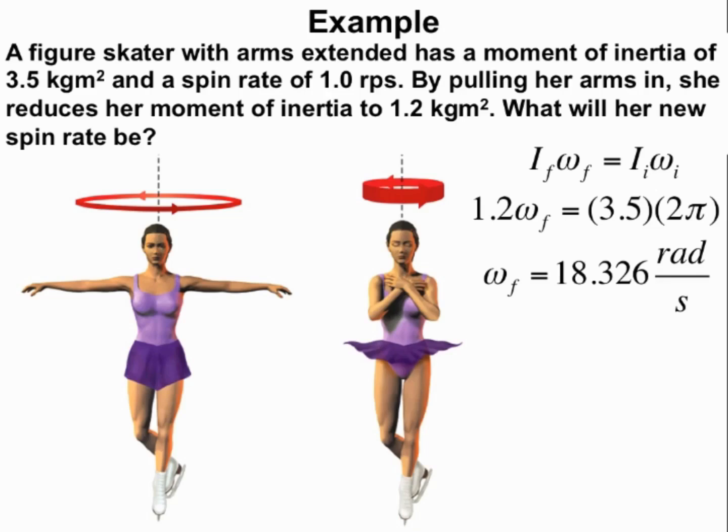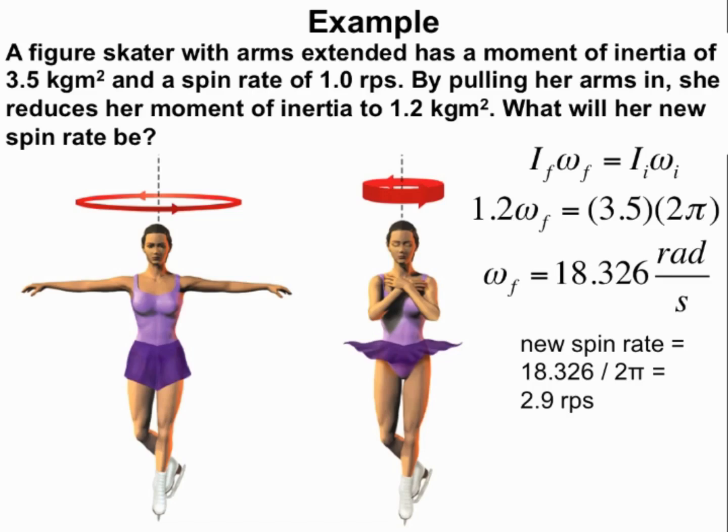So omega F equals 18.326 radians per second. Since we've been asked to tell what the new spin rate is, then we have to convert that radians per second into revolutions per second. And we have the new spin rate equals 18.326 divided by 2 pi, since there are 2 pi radians in every revolution. And that equals 2.9 revolutions per second.